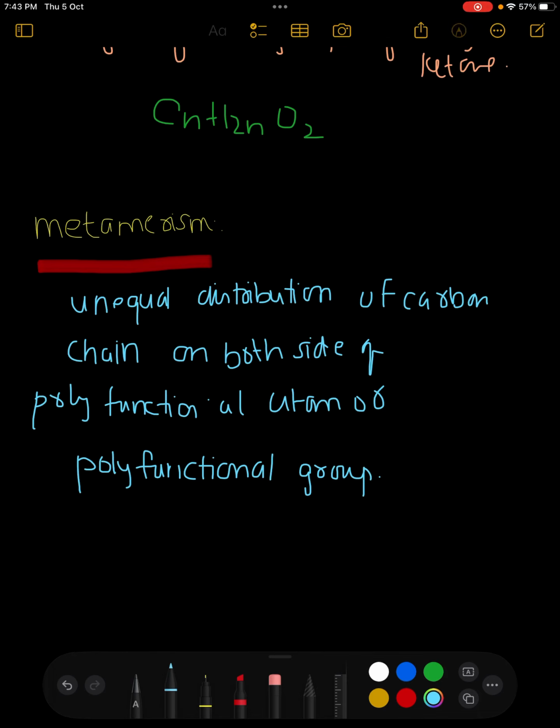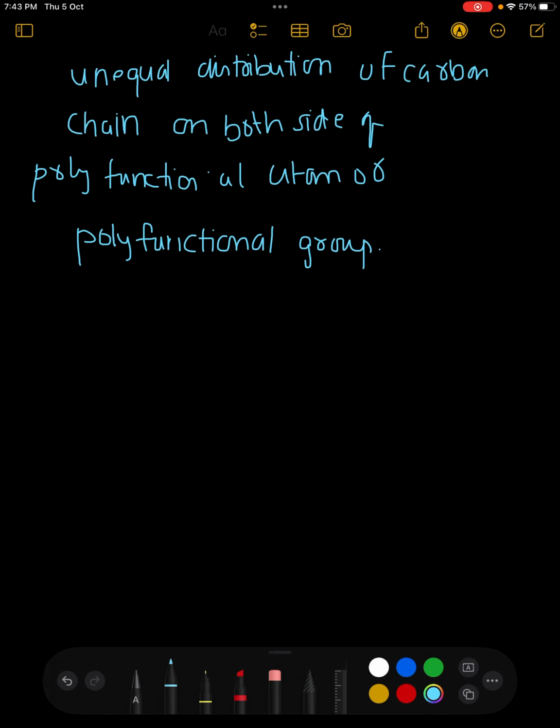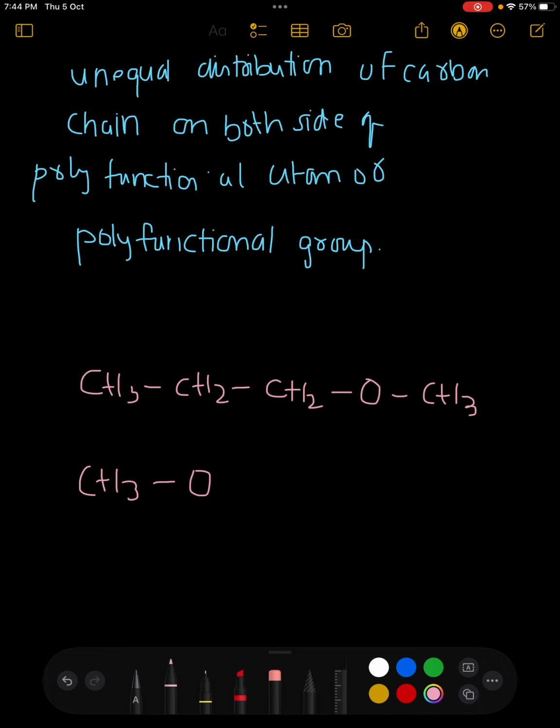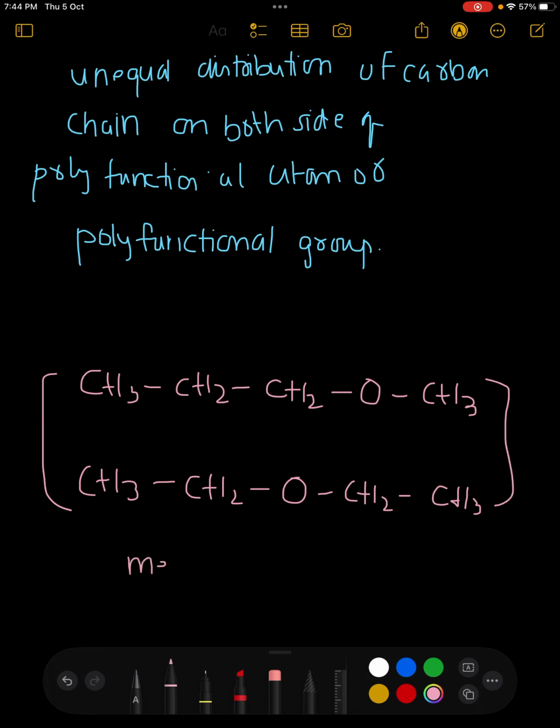Right, unequal distribution. For example, let's consider we have CH3CH2CH2OCH3. This is ether. Right, if we arrange this like so, these both are known as metamers, which is shown in ether. They can be shown in ketones.